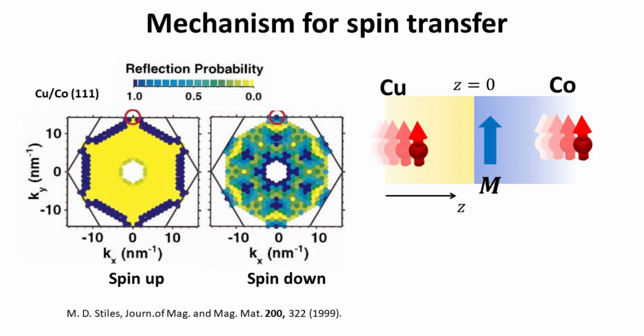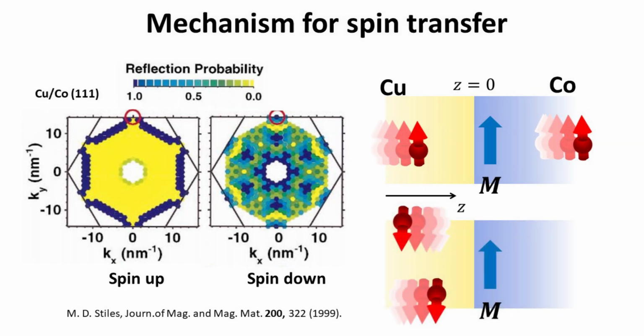Spin-up electrons do not scatter at all at the interface, as shown in the top schematic figure. That is, the electron fully transmits to the cobalt side because its reflection probability is 0. Spin-down electrons fully scatter back to the copper side because their reflection probability is 1. Thus, the scattering of electrons at the copper-cobalt interface is spin selective.